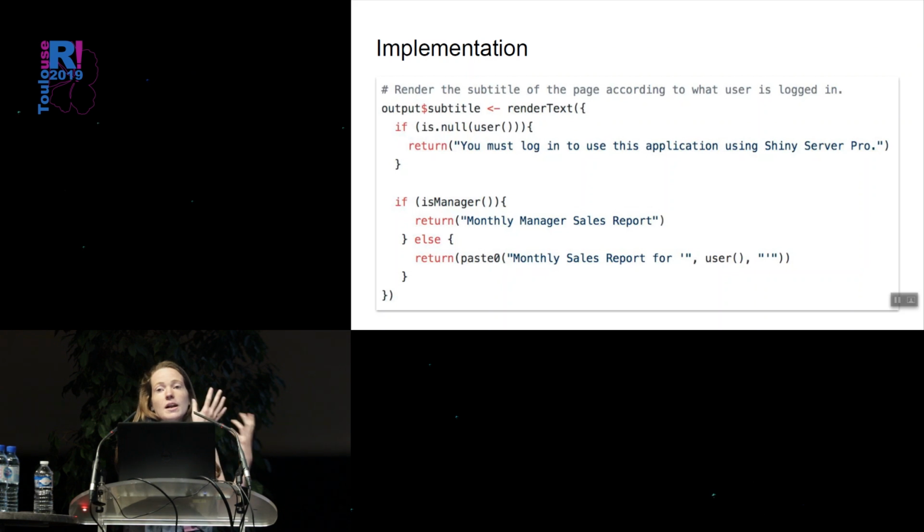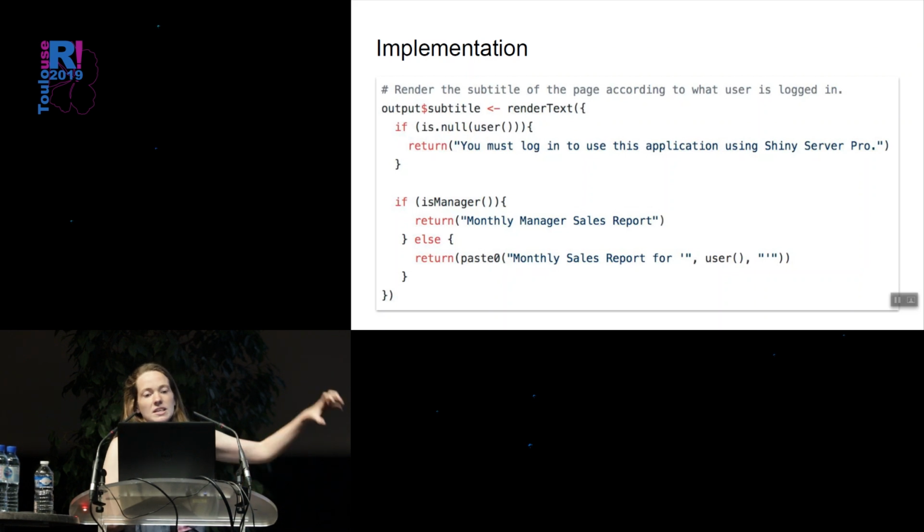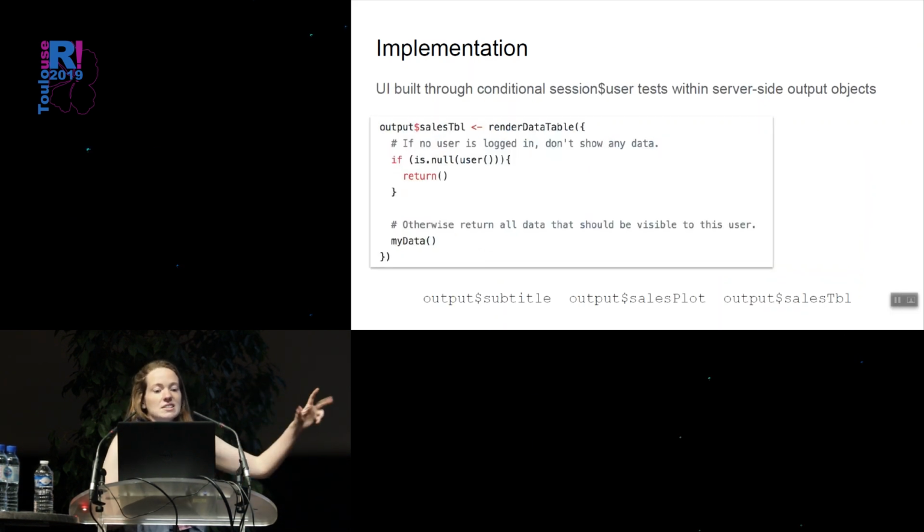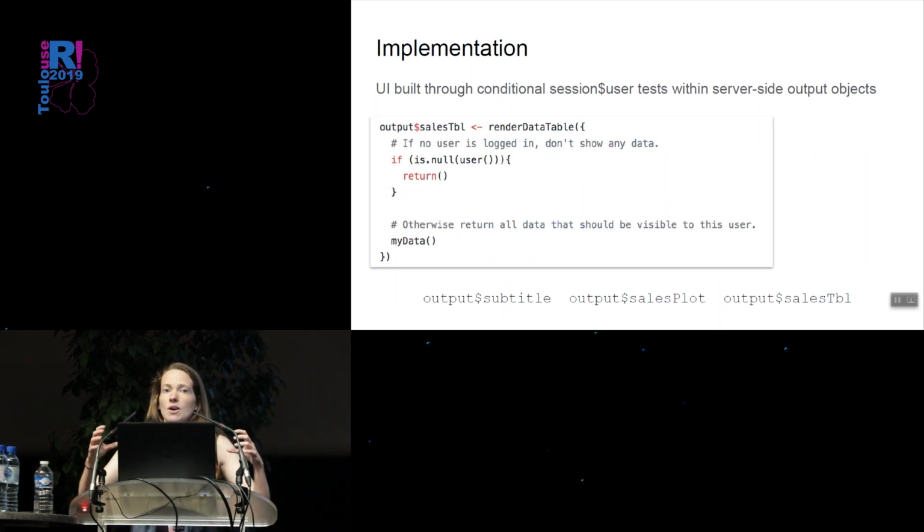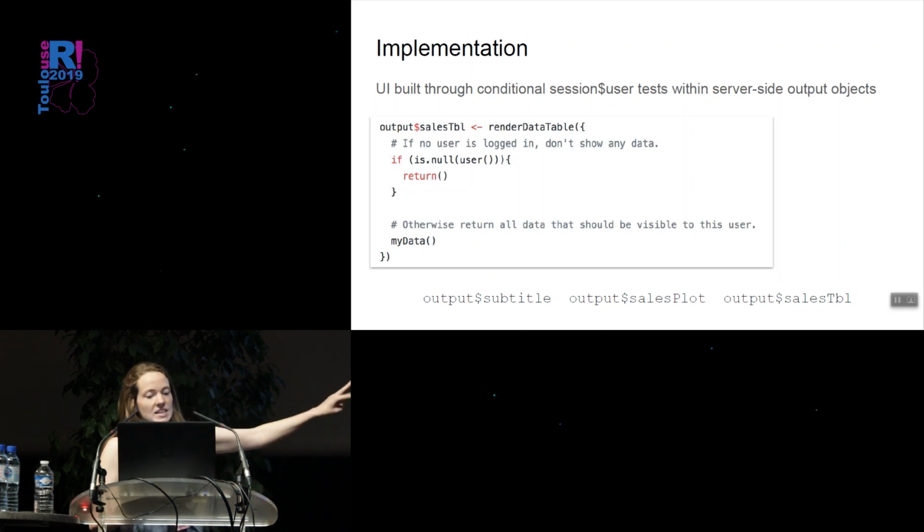And if you are a salesperson user, it returns, hey, here's a monthly sales report for, and then it gives a username. So it goes through and sort of programmatically, based on these conditional tests, either returns nothing for that space in the app, or it returns the data or the sales plot. So these three items either will return something or they'll return nothing based on who that session user is.